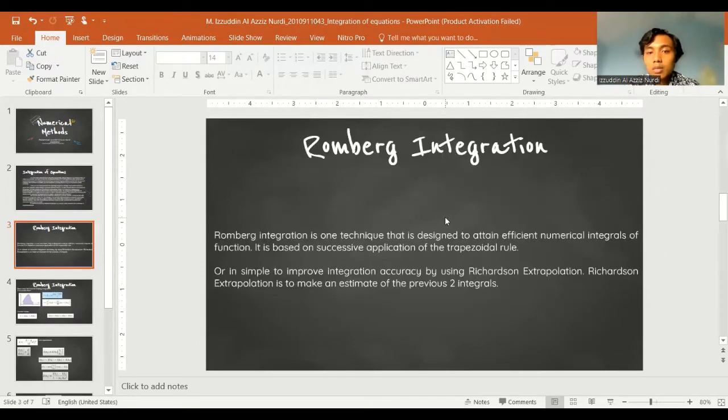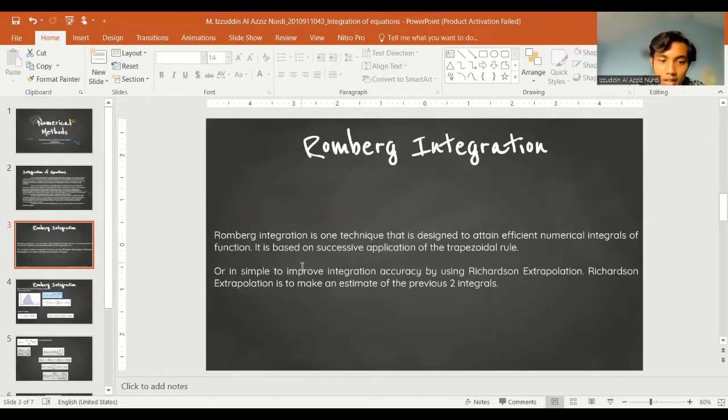So we go to Romberg integration first. What is Romberg integration? Romberg integration is one technique designed to attain efficient numerical integrals of a function, and it is based on successive application of the trapezoidal rule.